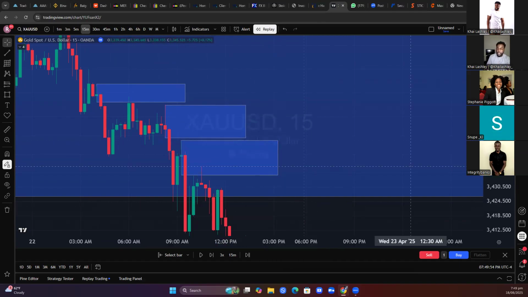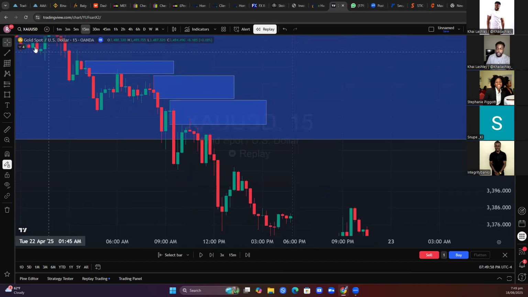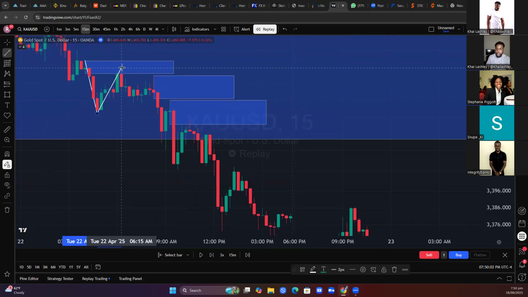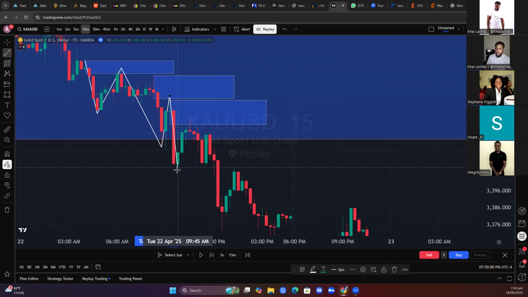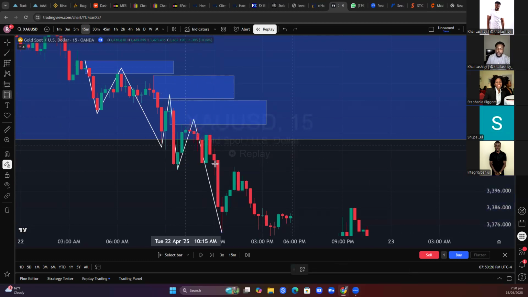You're looking for price to basically follow suit right away. So you see how here you had price push down, come back up, push down, come back up, push down, came back up. Then the market pushed down, and we had another right here.